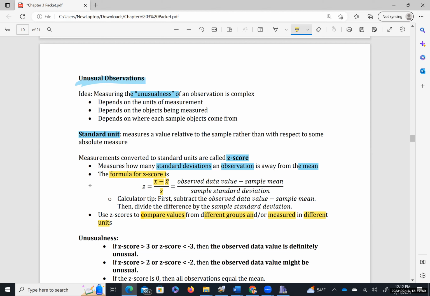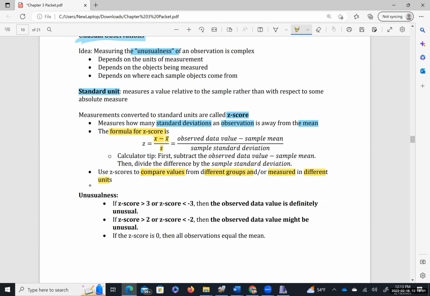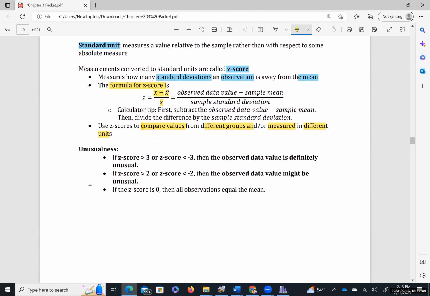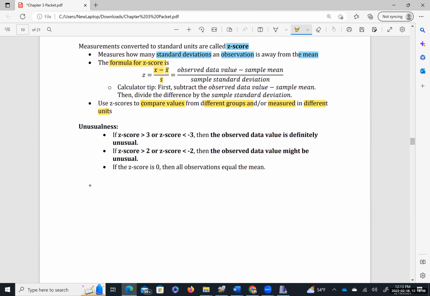All right, so let's move down and see unusualness here. If the z-score is greater than 3 or less than -3, then the observed data value is definitely unusual.